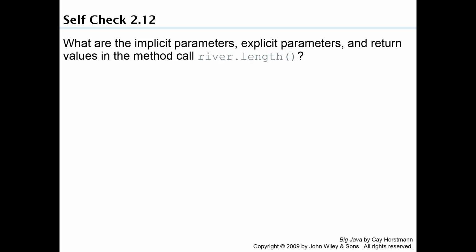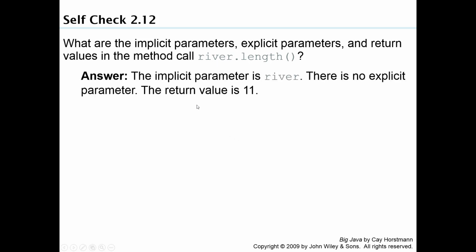The implicit parameter is basically the object river, because you can't see that, but that's always passed in as a reference to the object that you're calling on, or you could think of it as a reference to the object itself. The explicit parameters, well, we see that the parentheses are empty, so there are no explicit parameters, and the return value is whatever the length of the string is, so it returns an integer, I think.